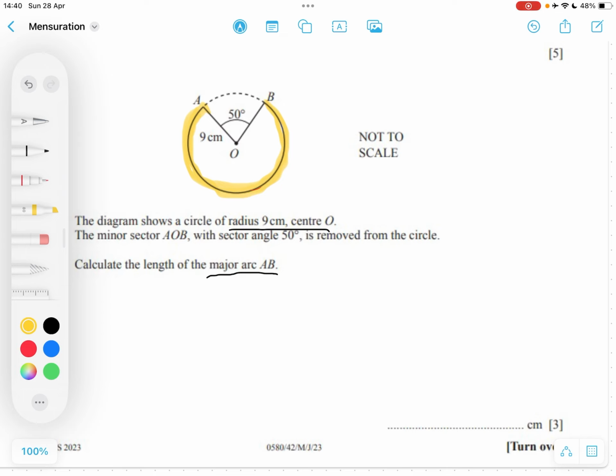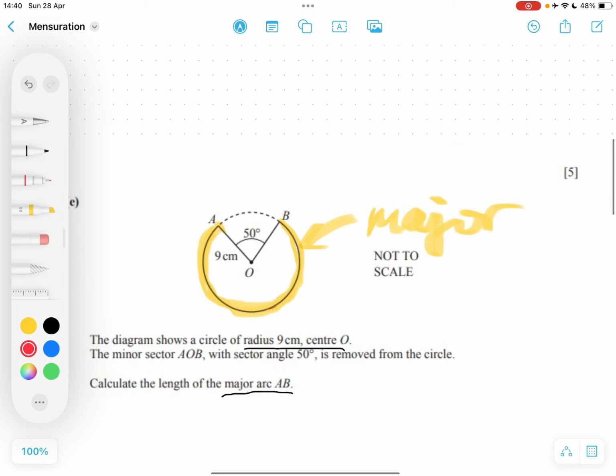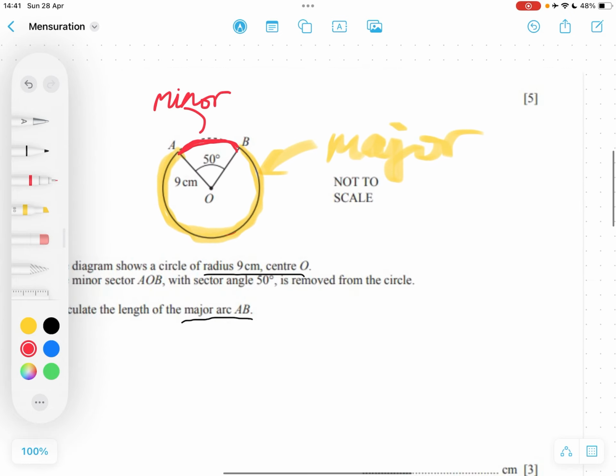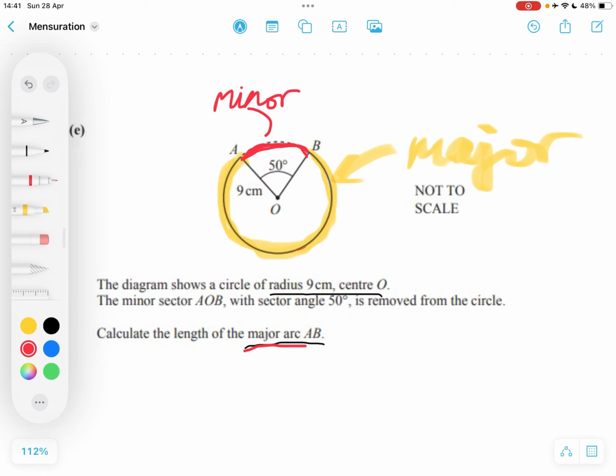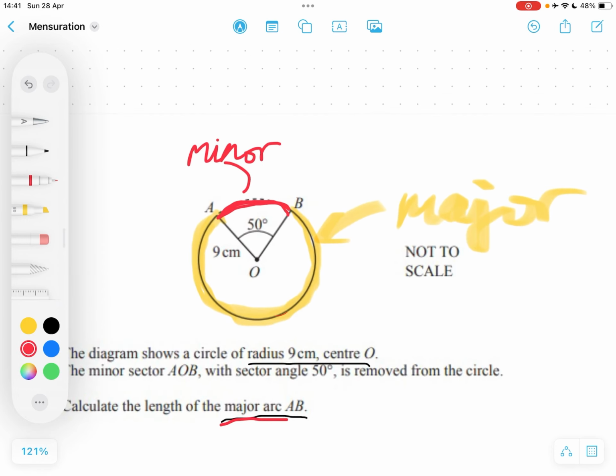You have AB like this, which is the major arc, and you also have the minor arc, this part here. This dotted line is the minor arc, since its length is less than the major arc. But in this question we're only asked for the length of the major arc, so we don't have to worry about the minor arc for now.